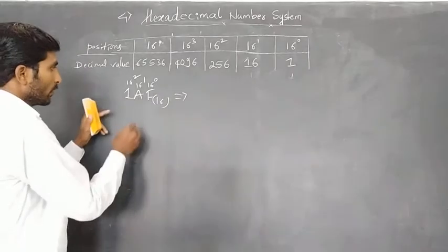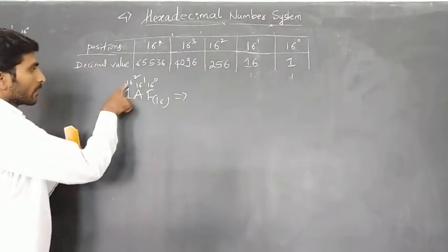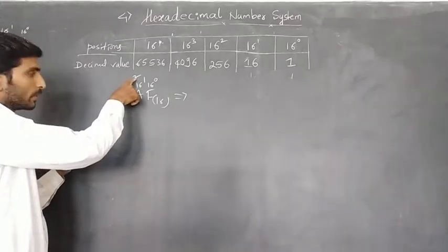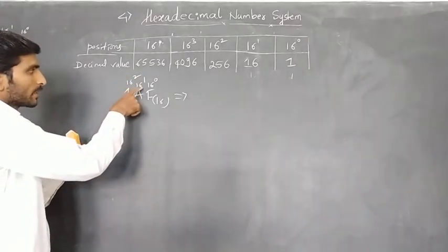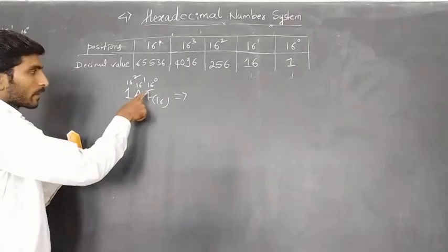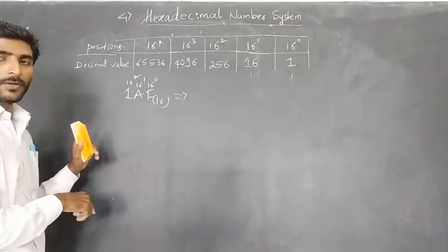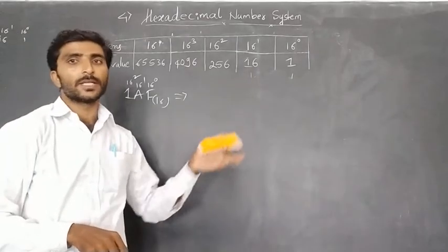You multiply the place value 16 raised to 2 by 1, 16 raised to 1 by A, and 16 raised to 0 by F. Then you can find the decimal equivalent.